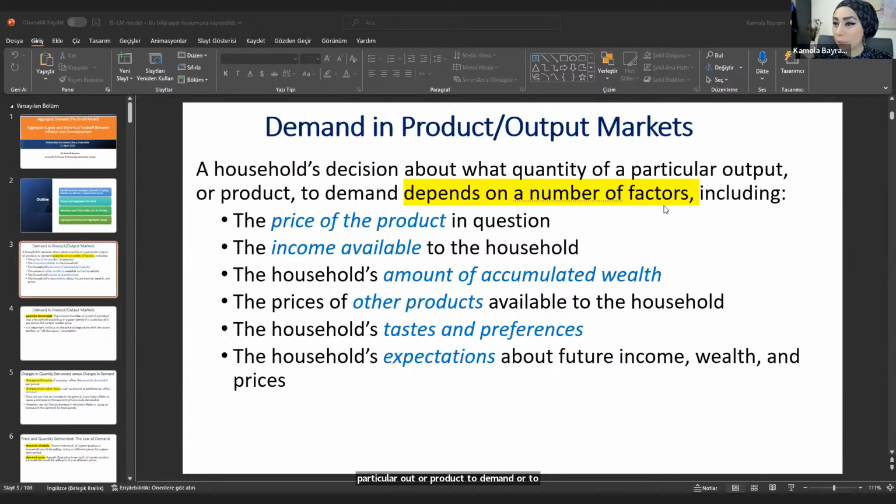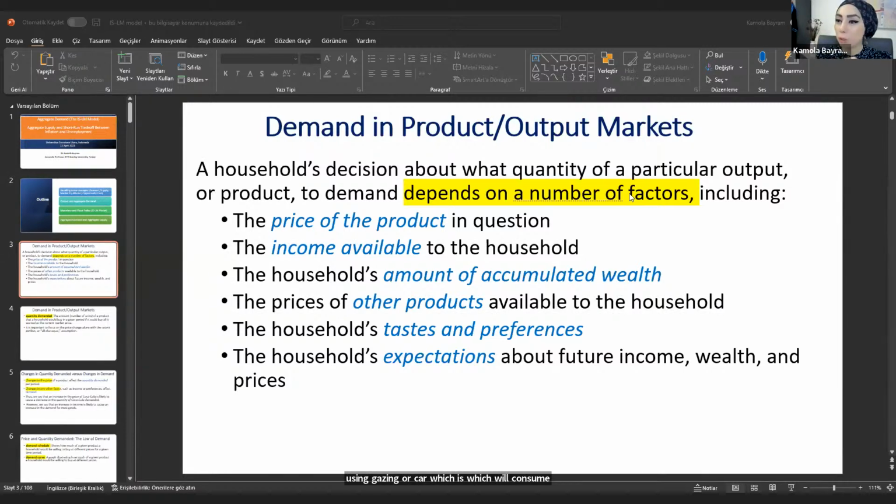So a household's decision about what quantity of a particular output or product to demand or to consume depends on a number of factors. When you are preferring, let's say, KFC to McDonald's, Levi's jeans to Lee jeans, or a gasoline car to a car which will consume electricity, it depends on many factors.